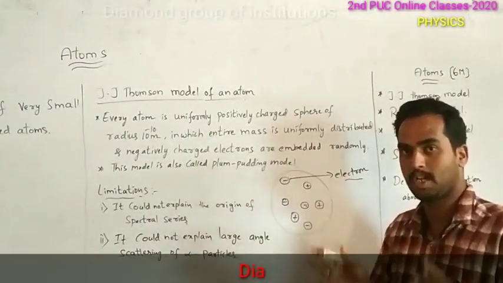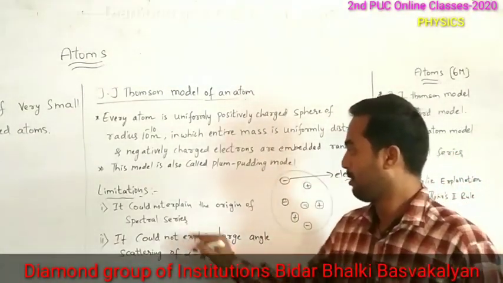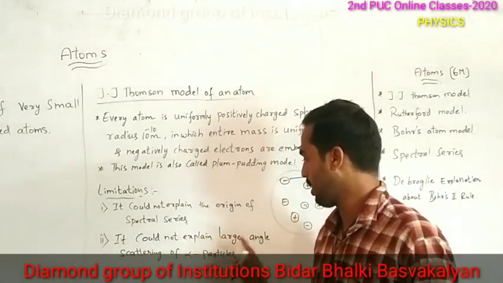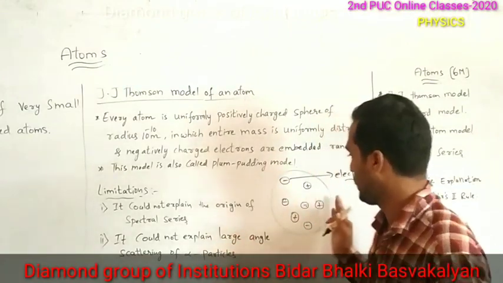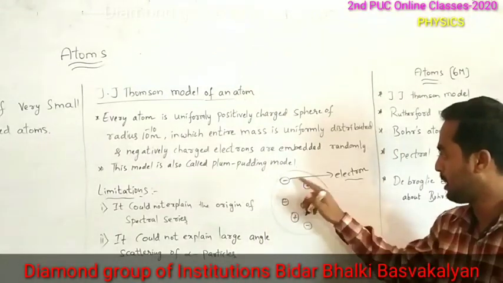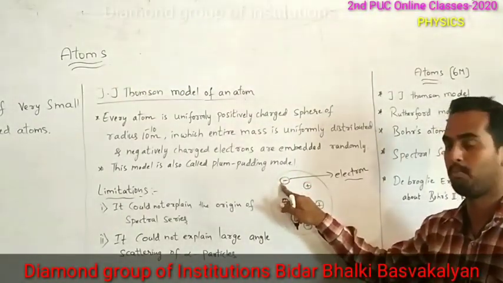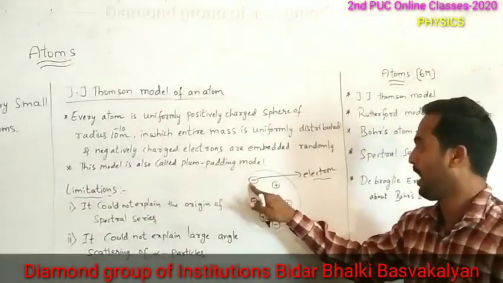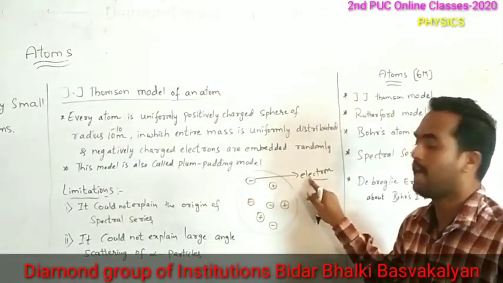Where exactly the positive charge is present is not covered by the J.J. Thomson model. That means it could not explain the large angle scattering of alpha particles. In an atom there is a positive charge along with negative charge, and he called the negatively charged particle an electron.